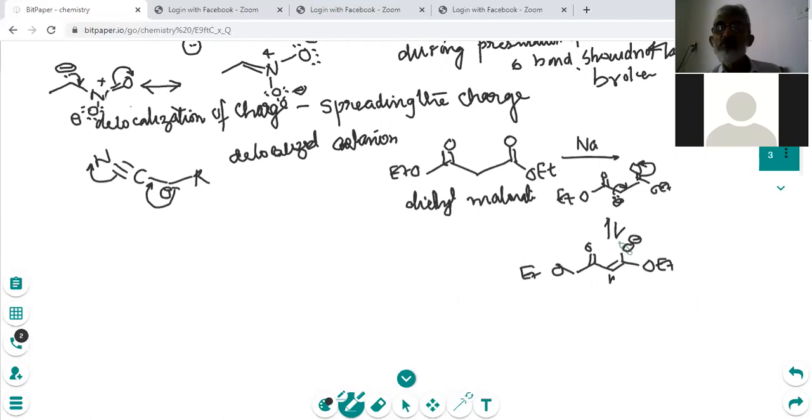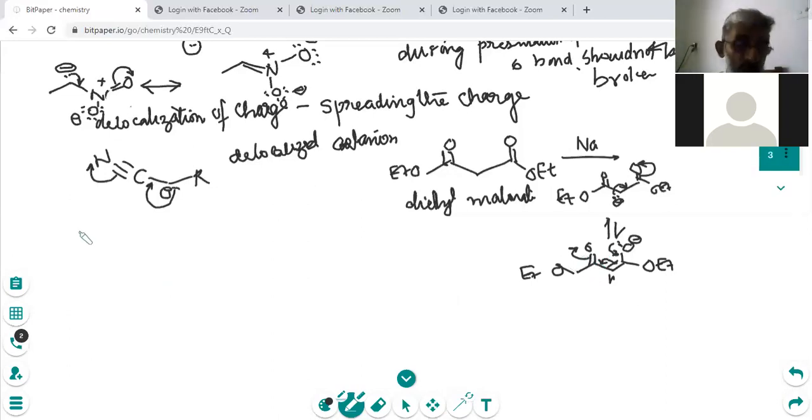See how you do it. Just reverse it. And see this goes here, and this goes here. So this is how you stabilize this anion. And you can see, the anion is flanked by an electronegative, electron withdrawing group.